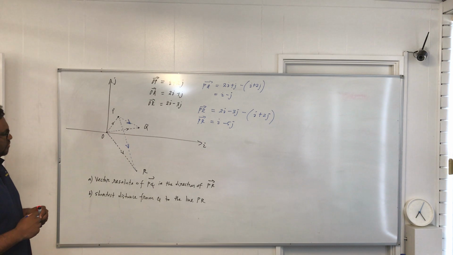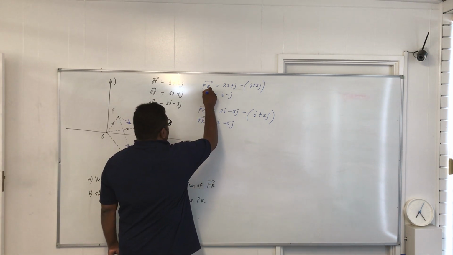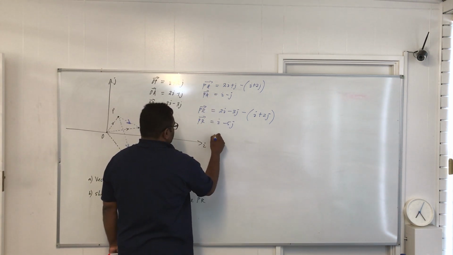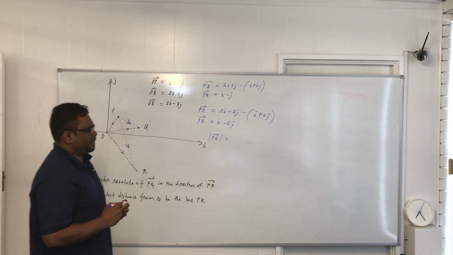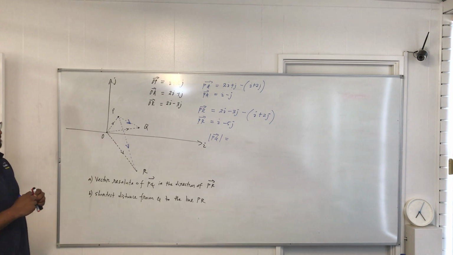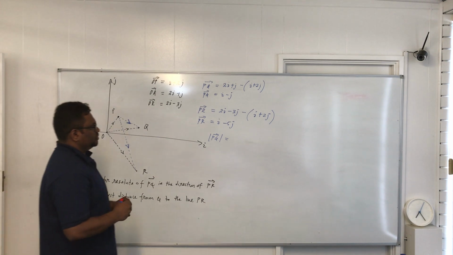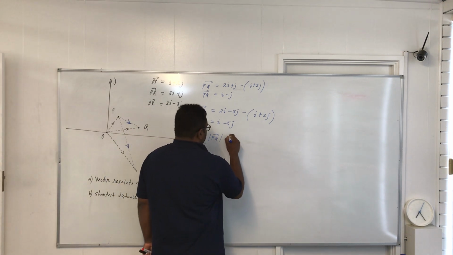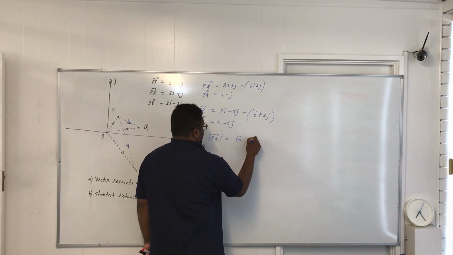So now for future purposes I need to find the unit vector as well, right? So this is PQ. Now if I want to find the magnitude of PQ, how do you find that? So PQ magnitude is the square root of PQ vector dot PQ vector.